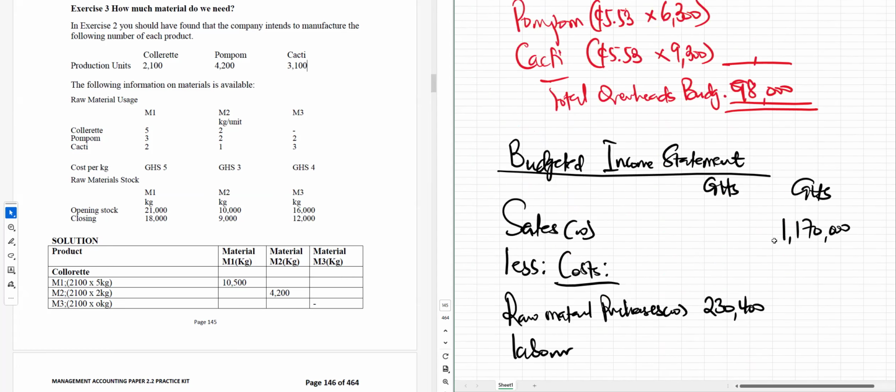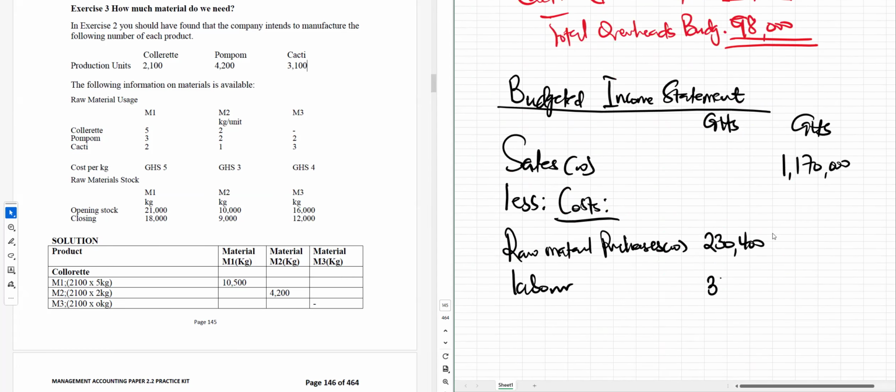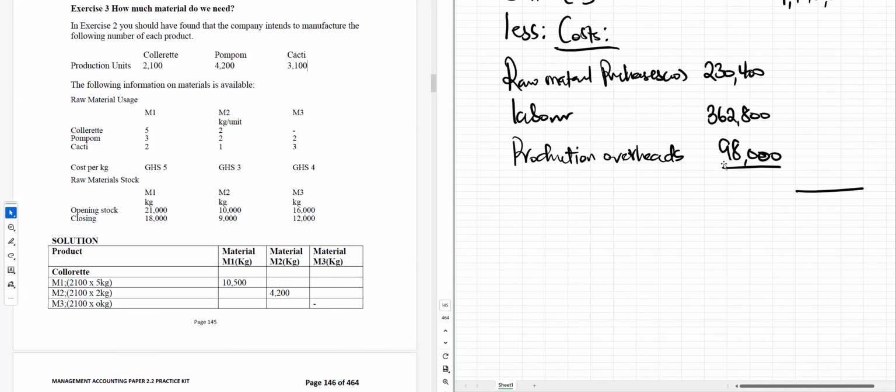The total labor budget. Then we have production overheads, right? 98 thousand. We put it together, that gives us our total cost.